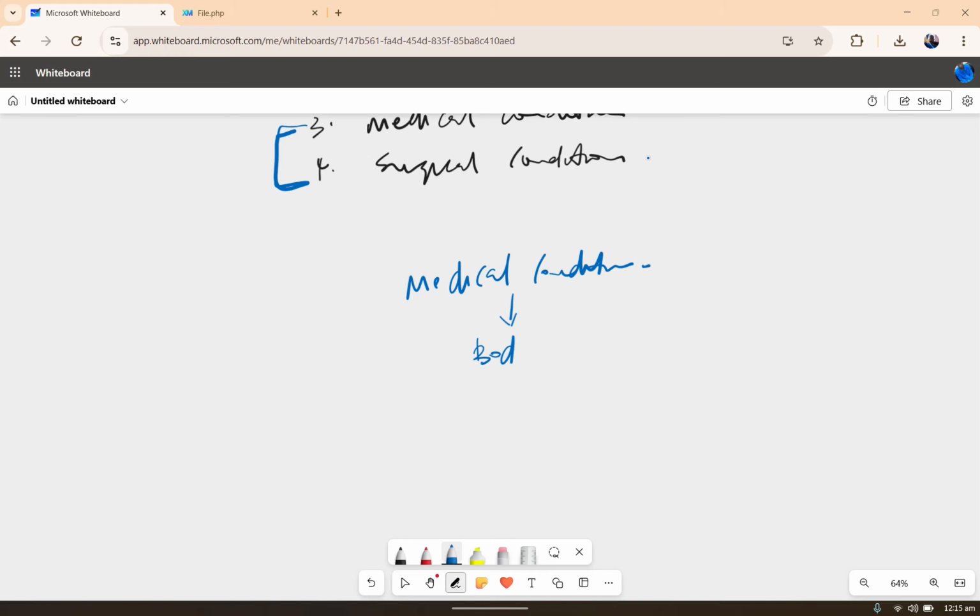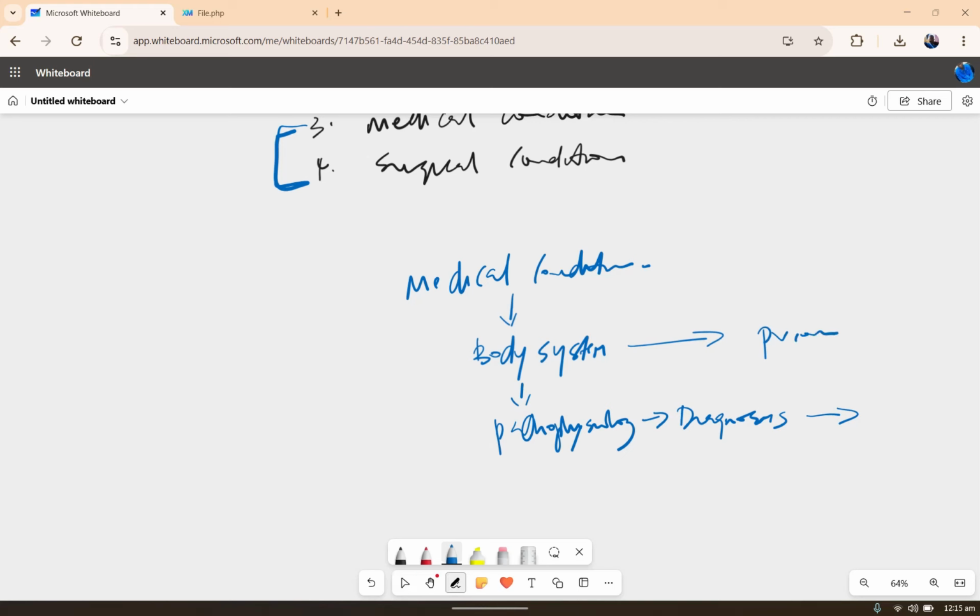The body system affected, or the pathophysiology of the diagnosis. You can either use the body system or the pathophysiology. Either one, just remember it, to prioritize. Now, that's how medical condition works.